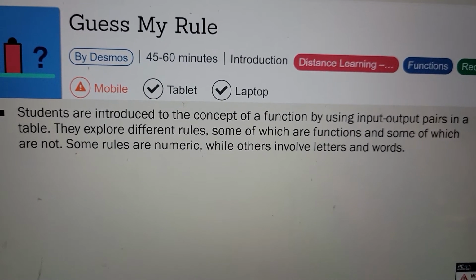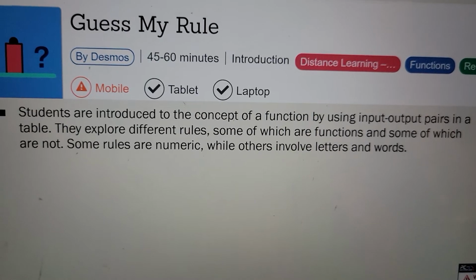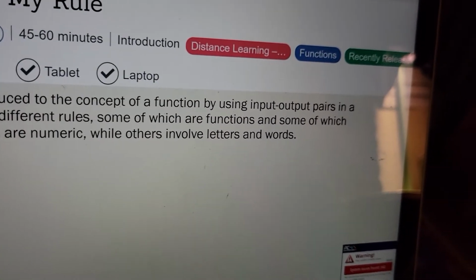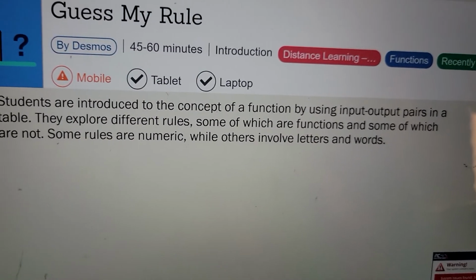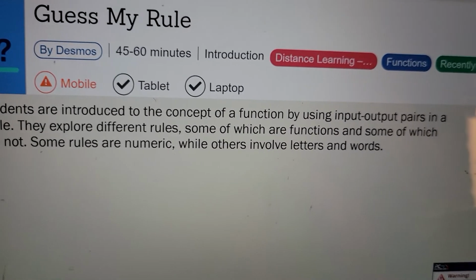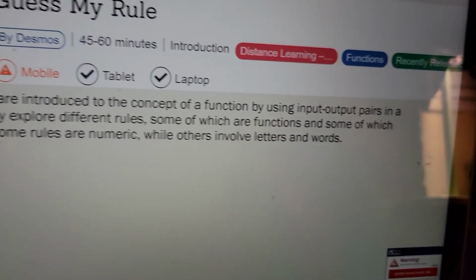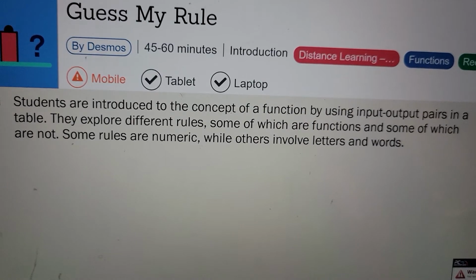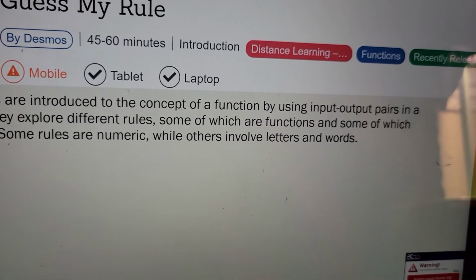The next activity was Guess My Rule. Students are introduced to the concept of functions by using input and output pairs. In the table, they explore different rules, some which are functions and some which are non-functions. Some rules are numeric, while others involve letters and words.